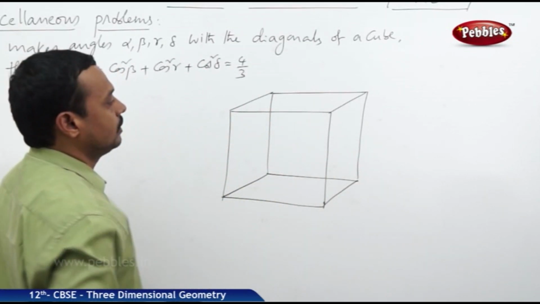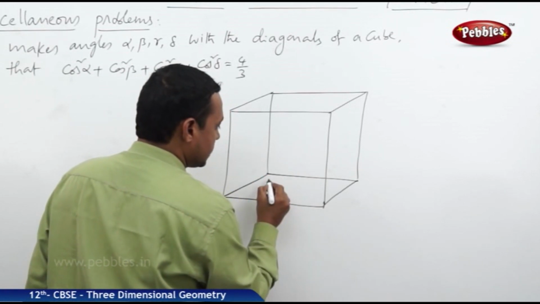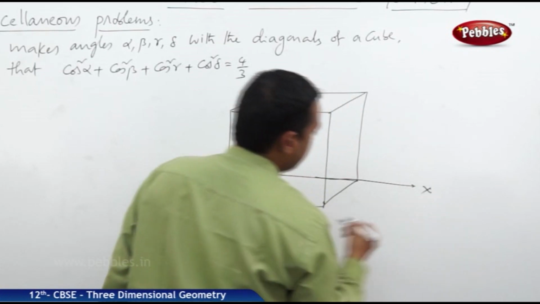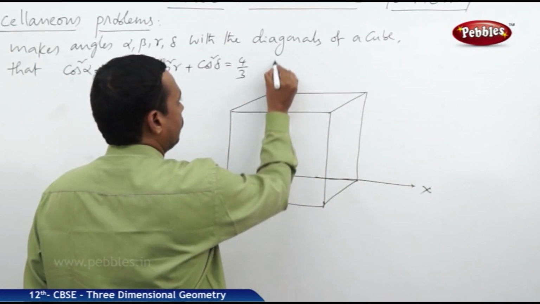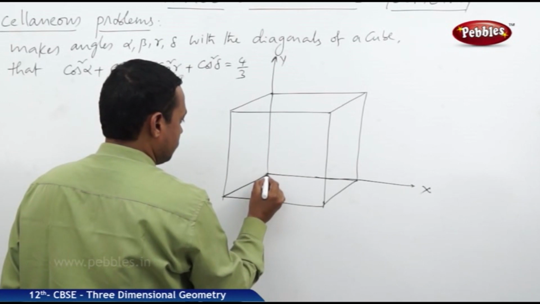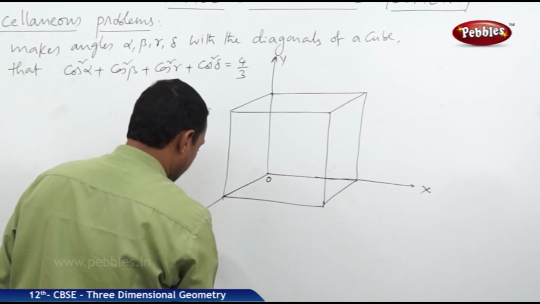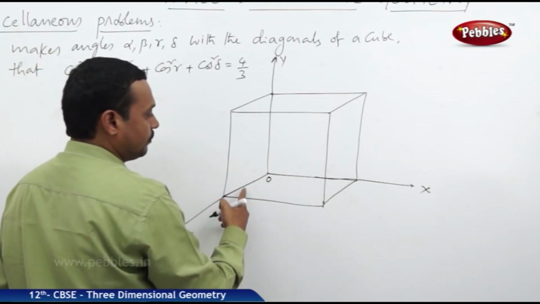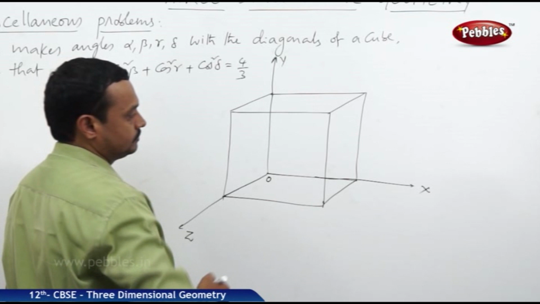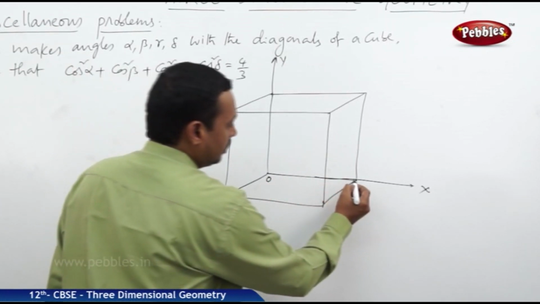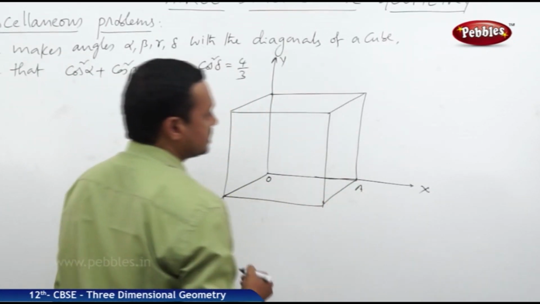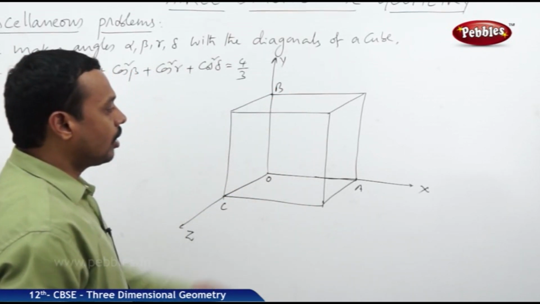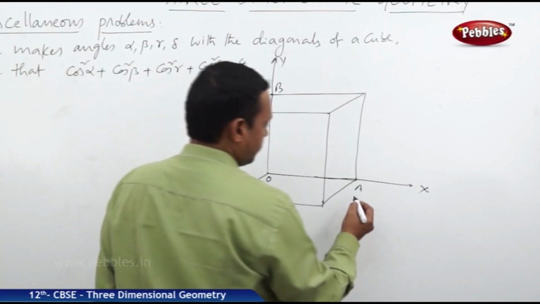Let it be one cube, and consider this to be the origin, with one edge along the x-axis, one edge along the y-axis, one edge along the z-axis, and the point of intersection of these three axes is the origin. Now here we choose the vertices A, B, C on the coordinate axes.